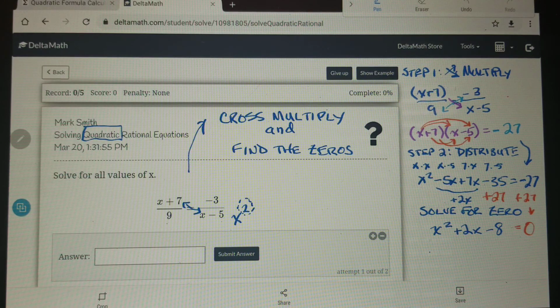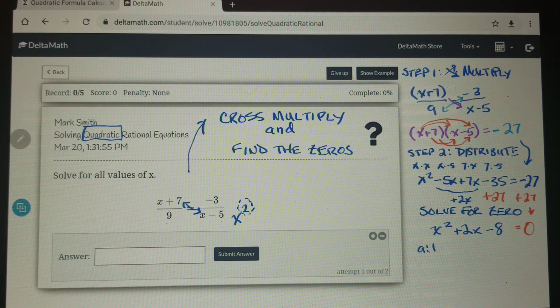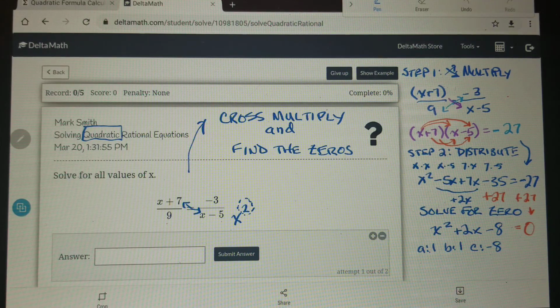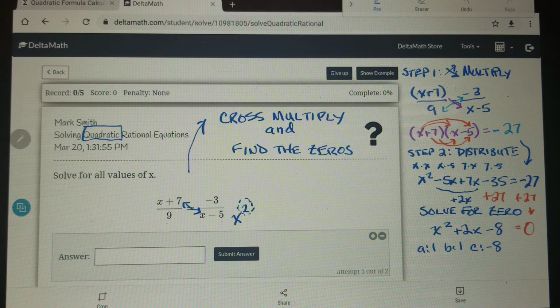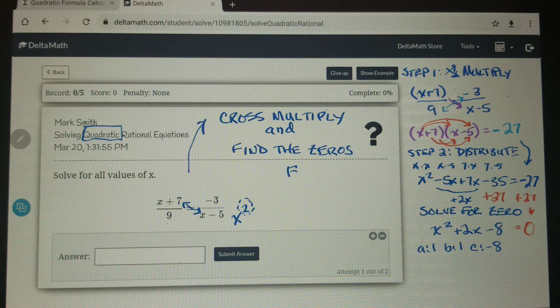Now, there's two ways to solve this. One is using a equals 1, b equals 1, c equals negative 8. I know you don't have your calculators at home, but there are lots of quadratic calculators that you can use. Or you can factor, which is the other way to do this.